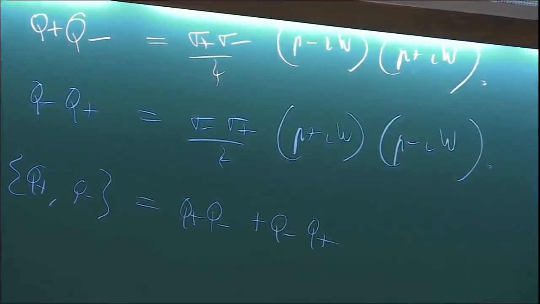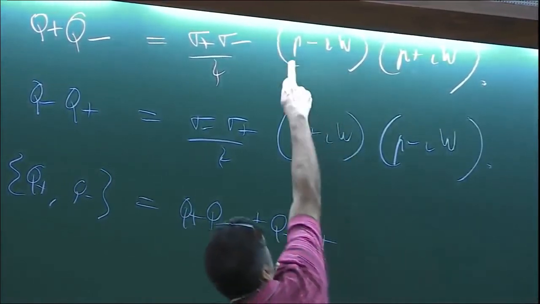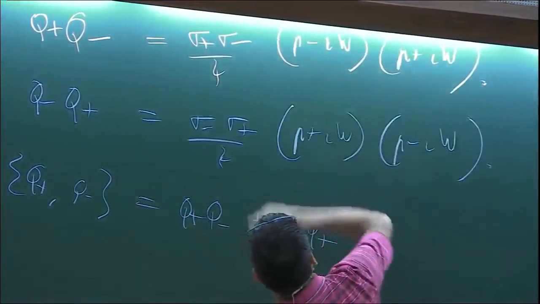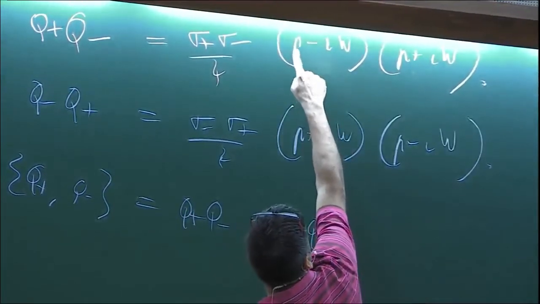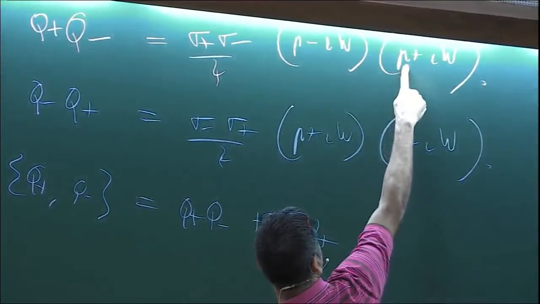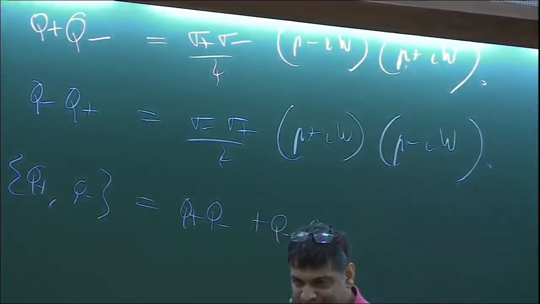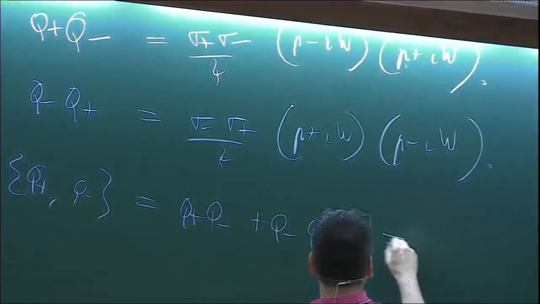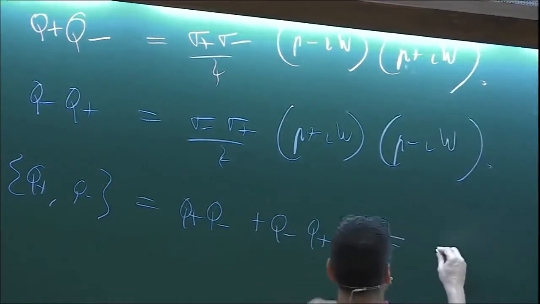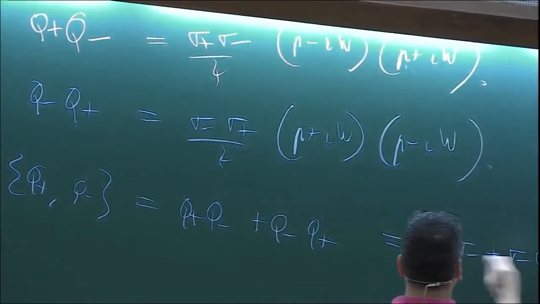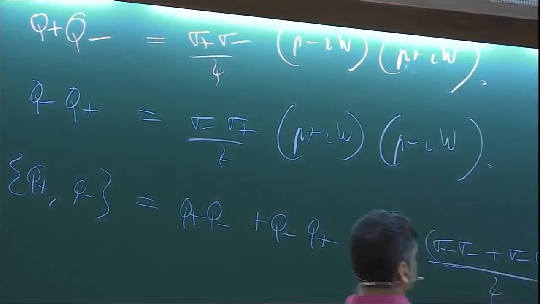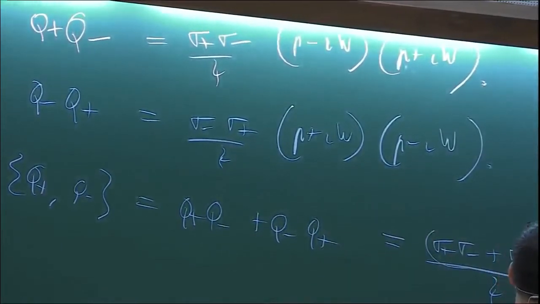Well, all we have to do is add these two. There are some terms that appear here with the same sign. These are the terms which I get by taking P squared and W squared. So what we will get is sigma plus sigma minus plus sigma minus sigma plus by 4 in a P squared plus W squared.